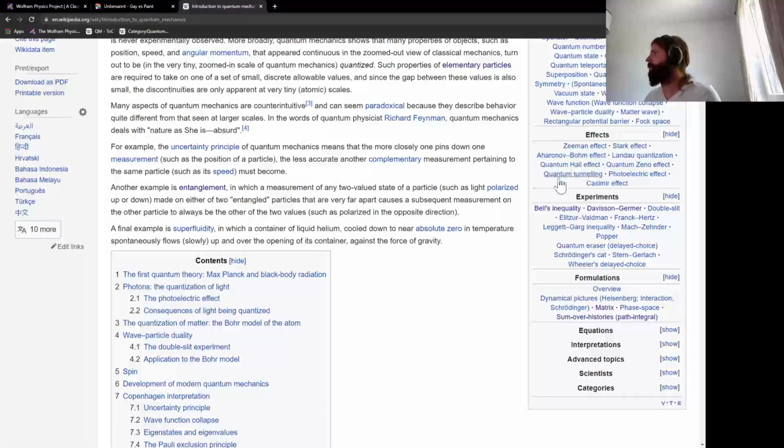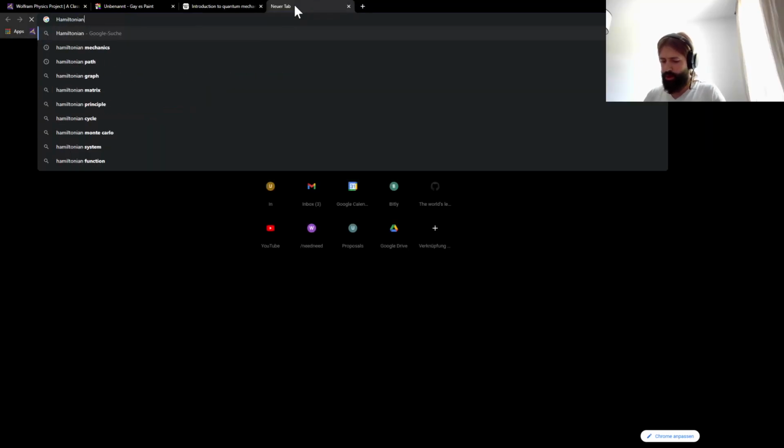Okay, let's go through. So I know roughly the Hamiltonian stuff corresponds to, sorry, the Schrodinger formulation is basically a Hamiltonian kind of concept, where, you know, Hamiltonian mechanics.